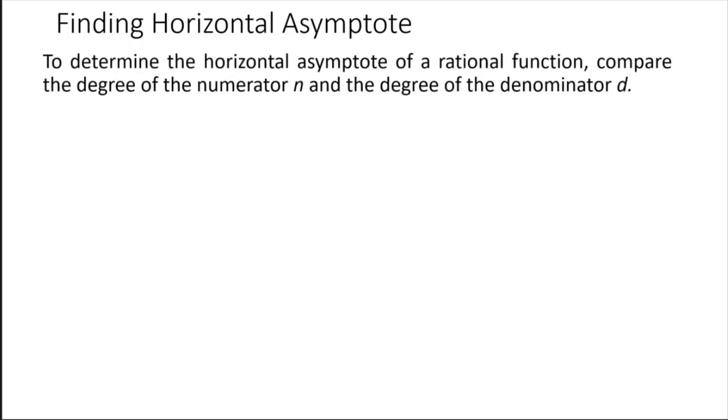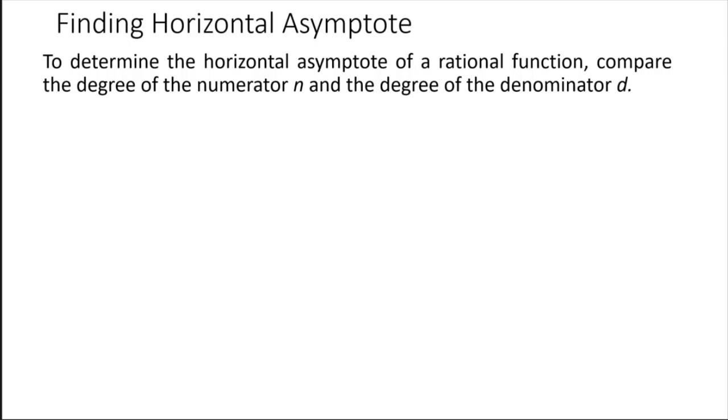To determine the horizontal asymptote of a rational function, first we have to compare the degree of the numerator, denoted as n, and the degree of the denominator, denoted as d.